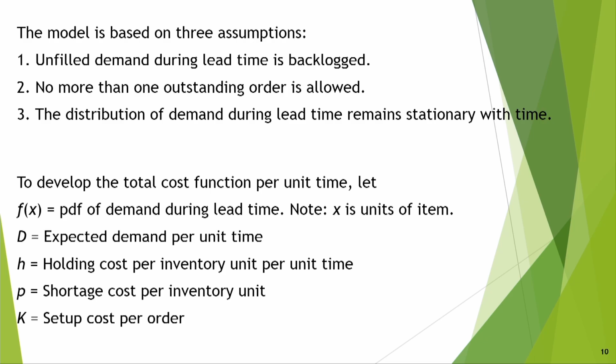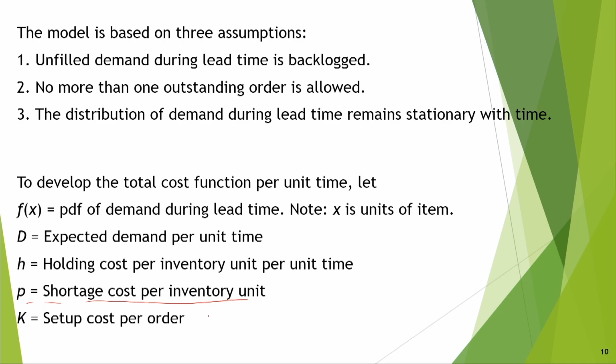D is the expected demand per unit time, h is the holding cost per inventory unit per unit time, p is the shortage cost per inventory unit. That means the shortage cost, if you are not able to fill the order, is maybe lost profit, or you can add some penalty because the customer will be annoyed. Like that you fix some shortage cost, and K is the setup cost per order.